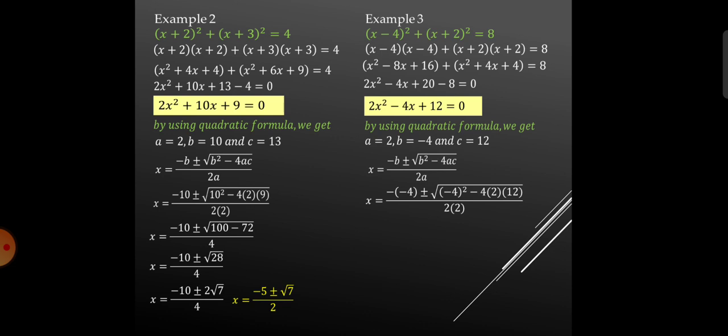Mao na exponent sa ibabaw sa number, di ba? Dapat magbutang og parentheses nagpasabot nga ang negative 4 i-multiply sa iyang kaugalingon. Then minus 4 times the value of A, which is 2, the value of C 12 over denominator 2 times the value of A, which is 2.